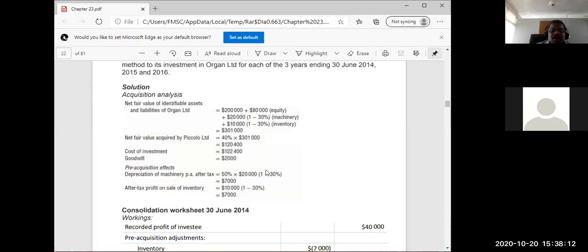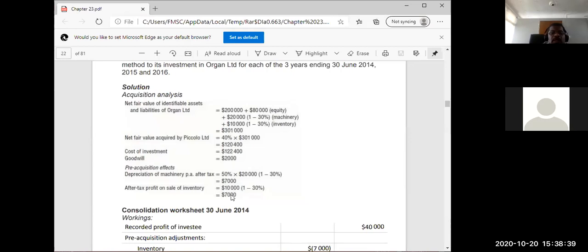So now you see the 20,000 minus 30%, that is the net of tax, and you take 50%. Why do you take 50%? Because of 2 years depreciation, so you divide it by 2. That means 50%. So here 7,000, and here the net of tax figure for the inventory is 7,000.